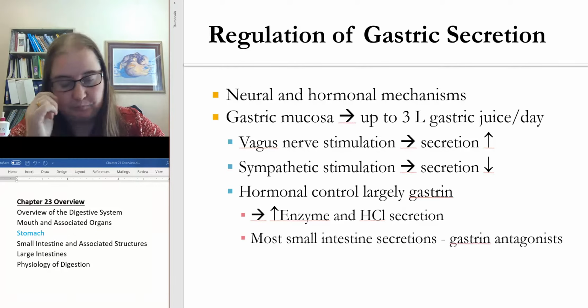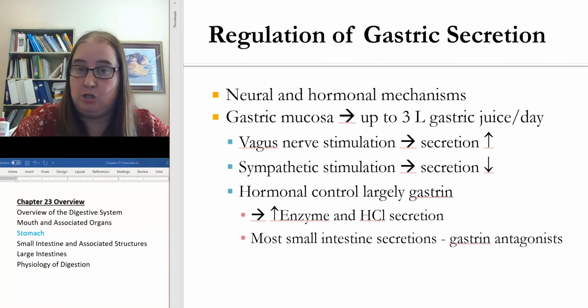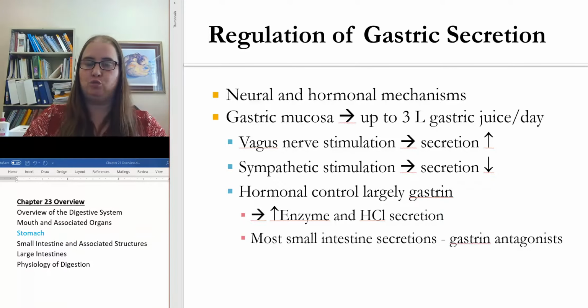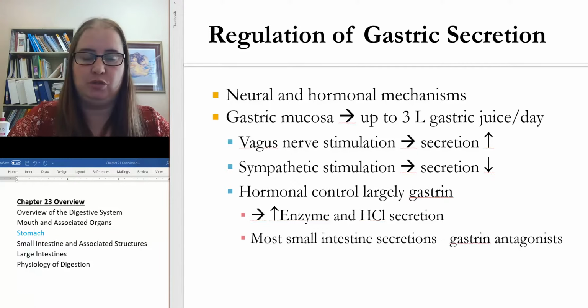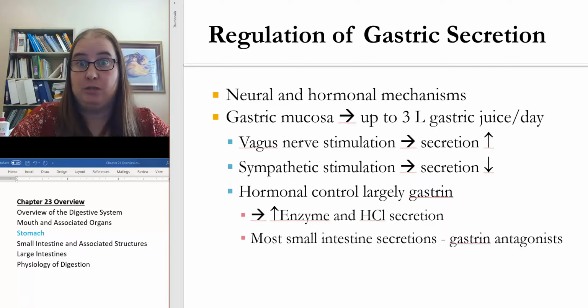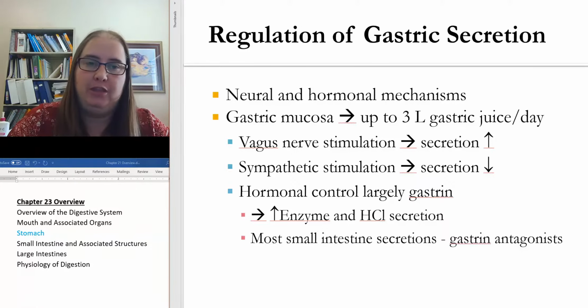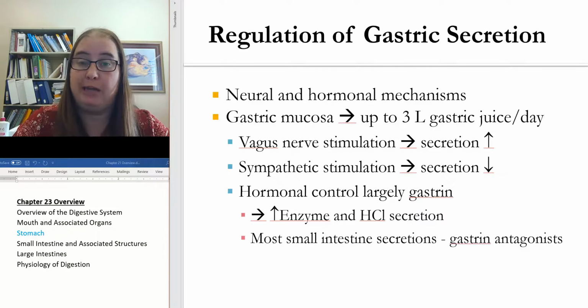So, we just talked about the cell population that is involved in this secretion process, but what drives the secretion of these gastric juices? So when we look at the regulation of gastric secretion, it occurs through both a neural as well as a hormonal mechanism. So the stomach secretes about 3 liters of gastric juice per day.